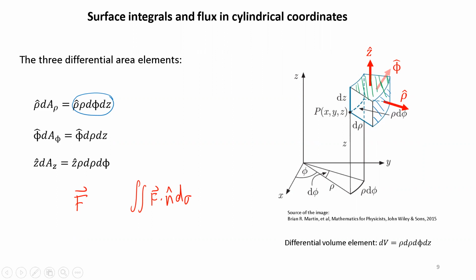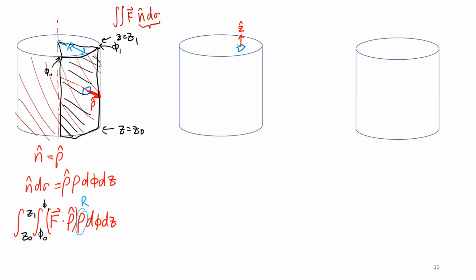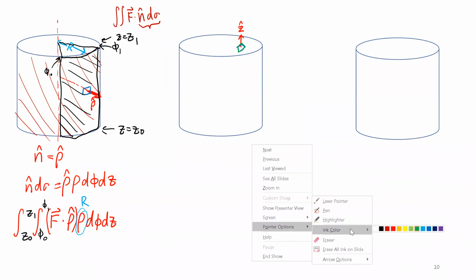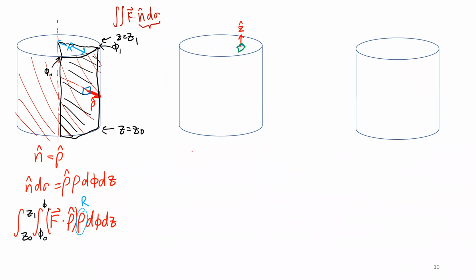This time my area element is this. This time n hat is z hat, and n hat d sigma is z hat rho d rho d phi.